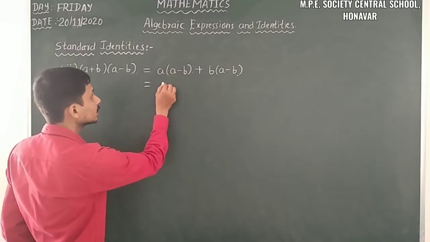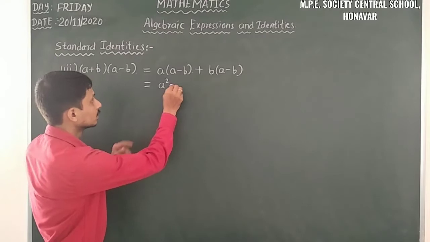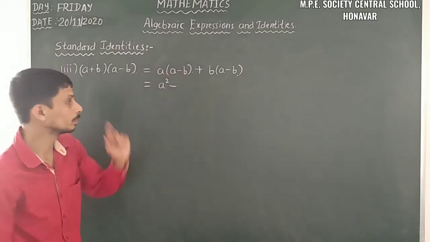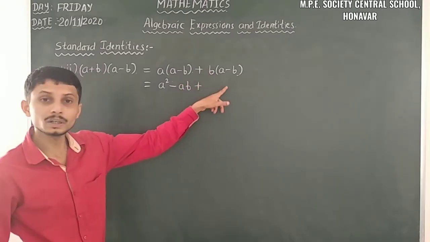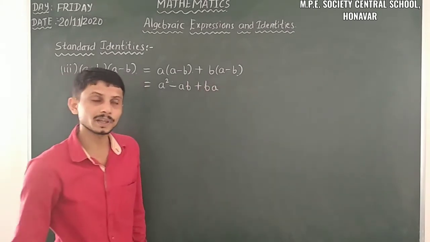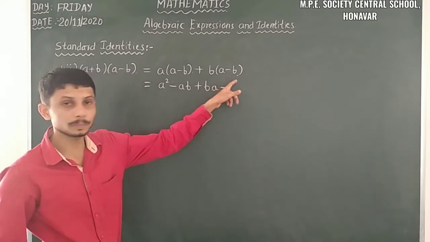Yes, a into a is a square, minus a into b, that is ab, then plus b into a, and plus b into minus b, that is minus b square.